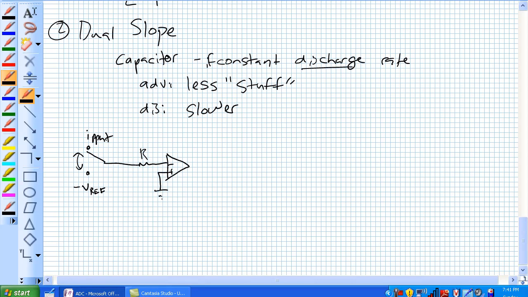And here's that op-amp I was talking about, where the non-inverting input is tied to ground, and in place of a feedback resistor, we actually have a capacitor. This is what's called an integrator or a ramp. The rest of this stuff is not as important, but I'll show you what the important parts are.